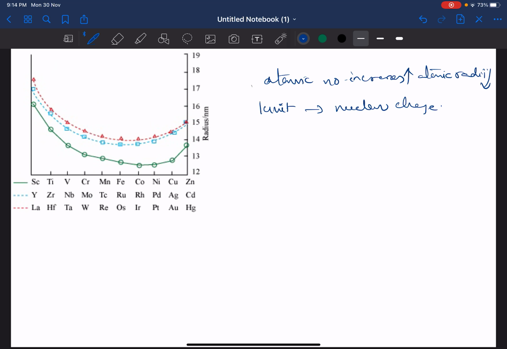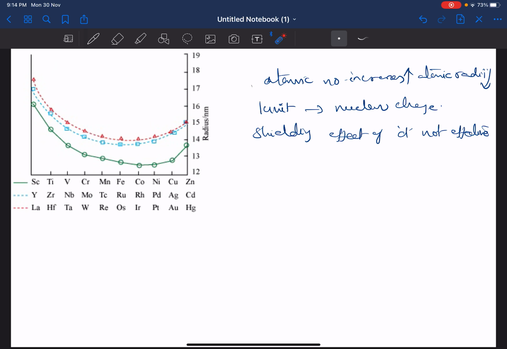And the shielding effect of the d electron is not that effective. So due to the poor shielding effect of d electrons, the atomic radius decreases. Here we have the graph showing the atomic radius decreases from the first element, scandium, to zinc.